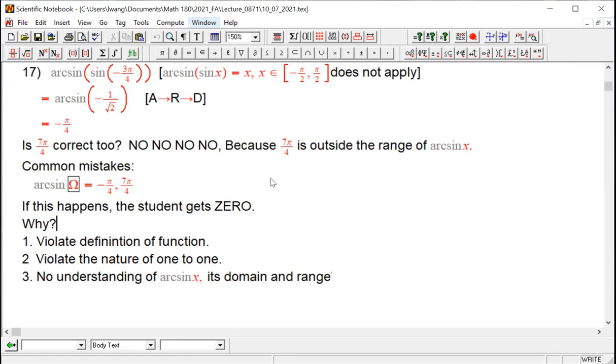Do you guys follow me? Seven pi over 4 terminates at the same place, but it cannot be the answer because the range has determined it has to be between negative pi over 2 and pi over 2. This is what I have explained all along.